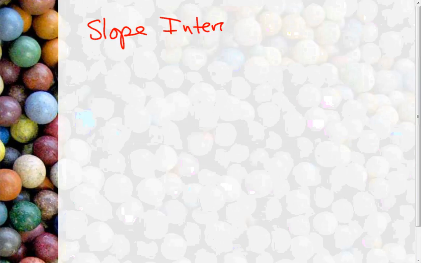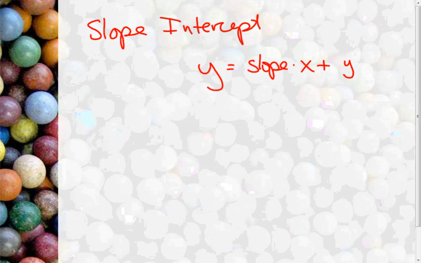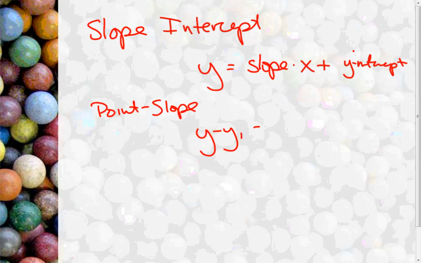We have slope-intercept form: y equals your slope times x plus your y-intercept. We have point slope form, where we have y minus y1 is equal to your slope times x minus x1.